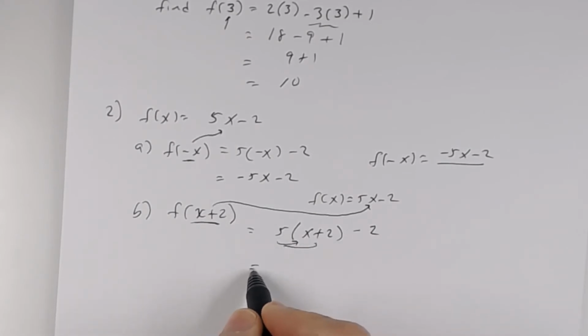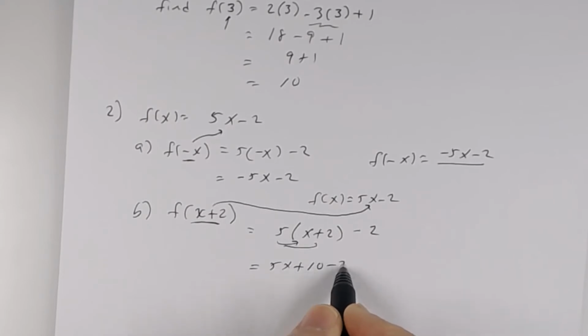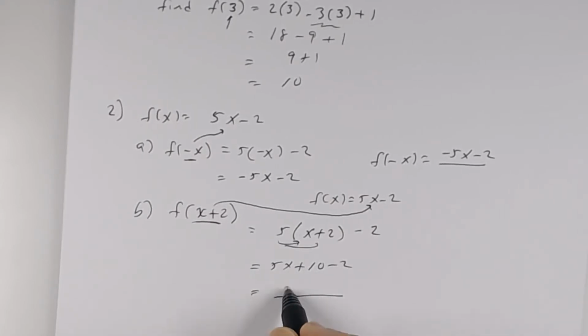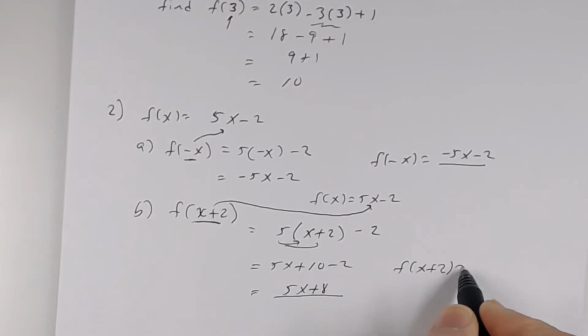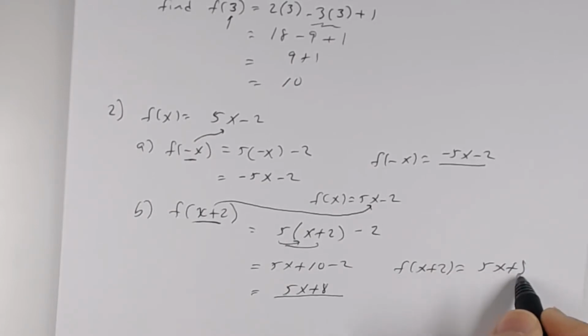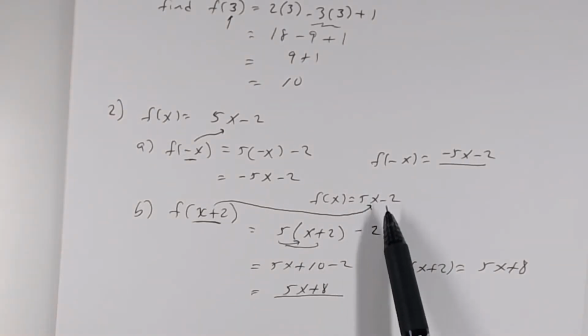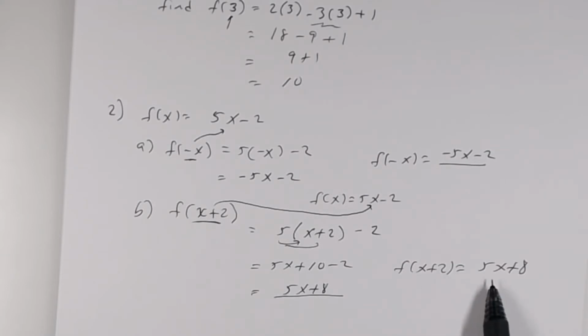Distribute. I get 5x plus 10 minus 2. And what's the answer? 5x plus 8. So f of x plus 2 is going to equal 5x plus 8. So if f of x is 5x minus 2, then f of x plus 2 will be 5x plus 8.